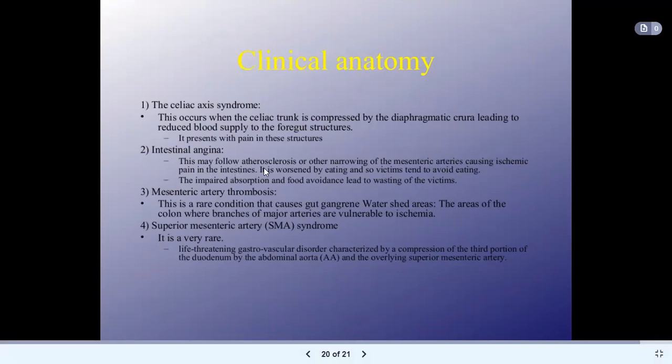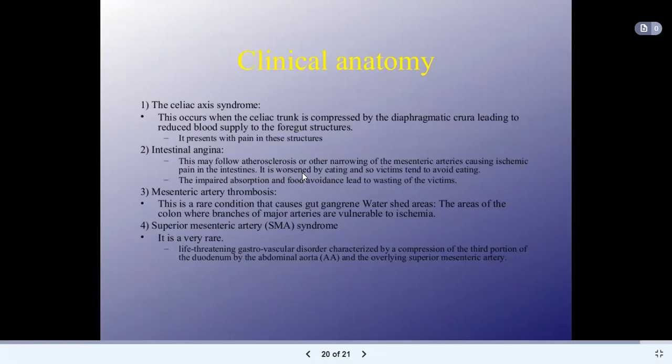So if there is atherosclerosis, caused by a fat plaque in the mesenteric arteries, the intestines will not get enough blood supply, and that will result in pain, and that pain we'll call angina. So we'll have intestinal angina.